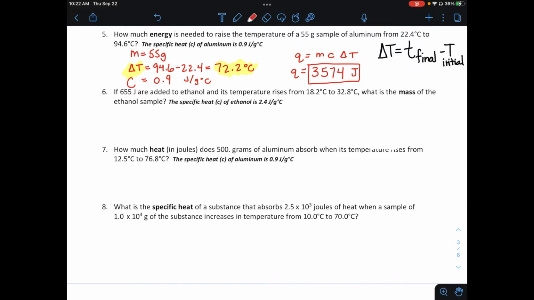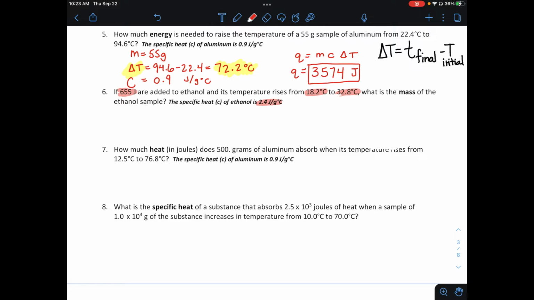For the next problem, it's talking about how much heat is added to ethanol that makes its temperature rise from 18.2 to 32.8. It's going to give me the specific heat of ethanol. I never have to know that. But in this case, it wants to know what is the mass of the ethanol sample.